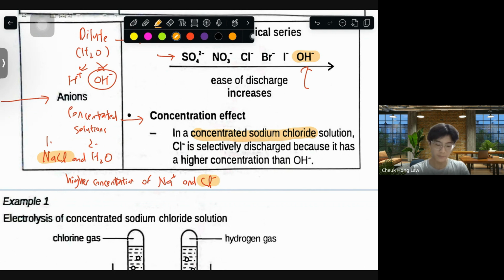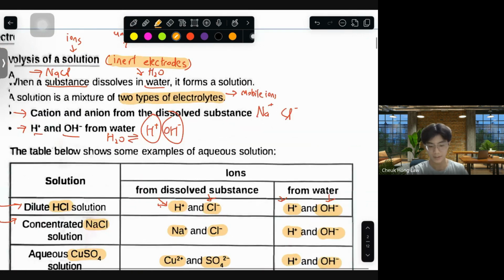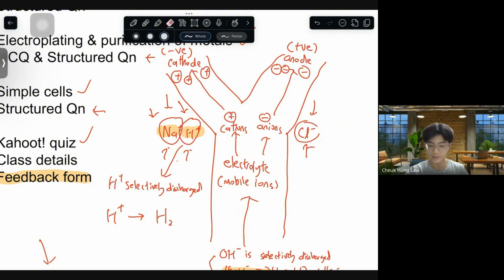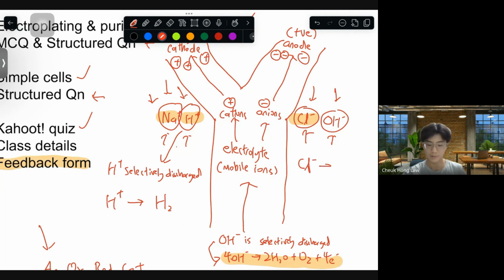So, since we have more concentration for Cl minus, Cl minus is selectively discharged. So if we are talking about concentrated sodium chloride, Cl minus will be selectively discharged. So your Cl minus will turn into the atom, which is chlorine gas.